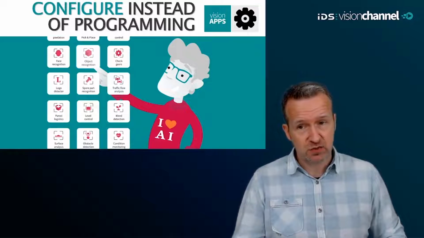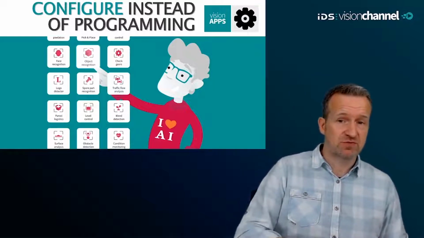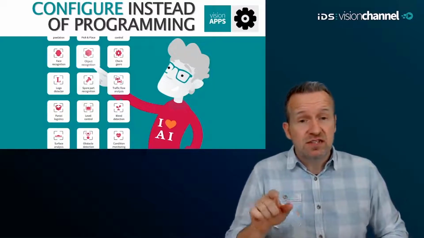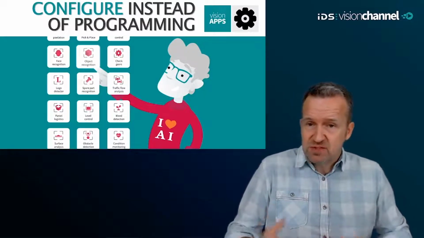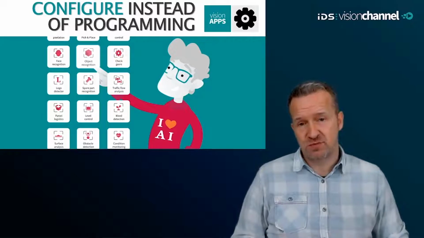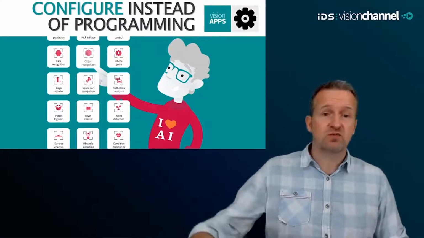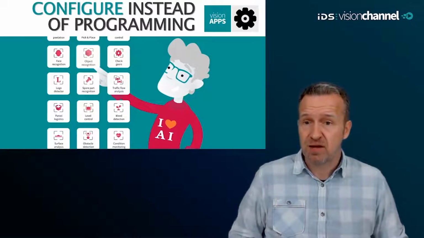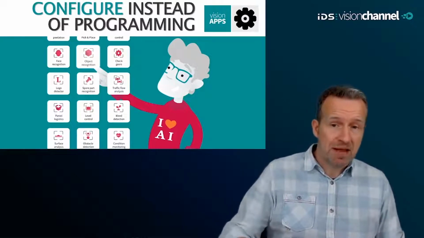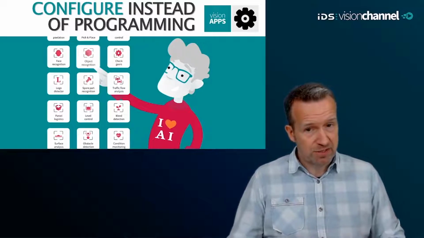IDS Next Lighthouse then creates the datasets with annotations from the images and also the necessary training project for a neural network. In just a few steps, a complete embedded vision app is created in the cloud that you can run directly on the camera, the IDS Next camera. In this way, many simple use cases can already be completely covered.